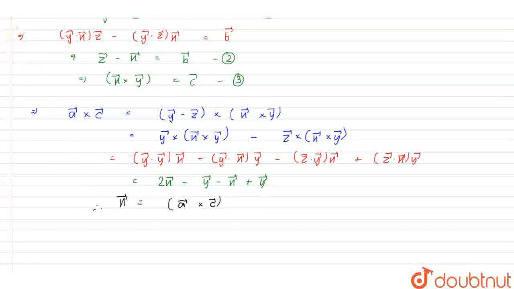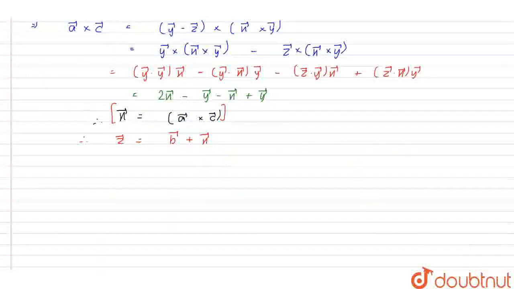So using equation 2, we have z vector equal to b vector plus x vector. So using the value of x vector from here, we can get the value of z vector. Therefore z vector will be equal to b vector plus a vector cross c vector. Hence we get the value of z vector.